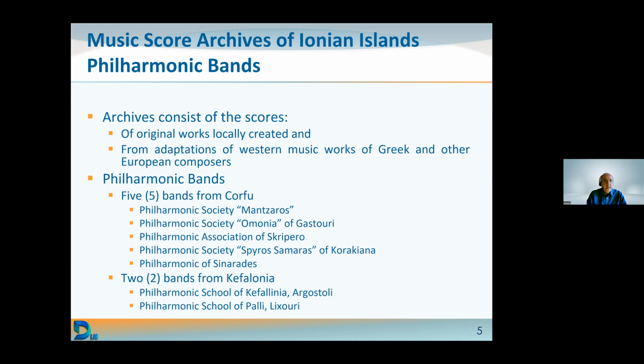At this time, 7 philharmonic bands are involved in the project, and the system and the repository incorporates their archives. There are 5 bands from Corfu and 2 bands from Kefalonia. Due to the long history of the philharmonic bands in the Ionian Islands, there are also other valuable archives to add in the future.